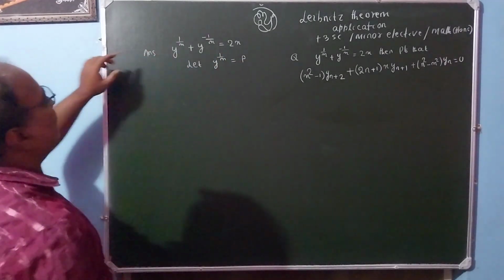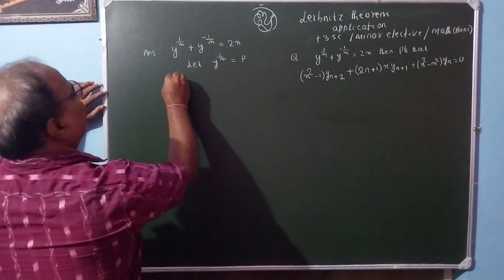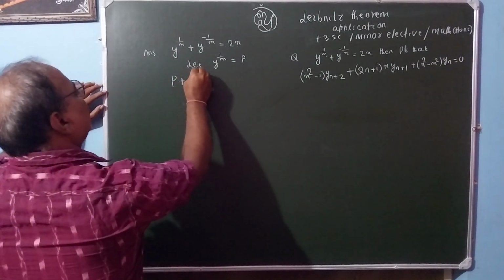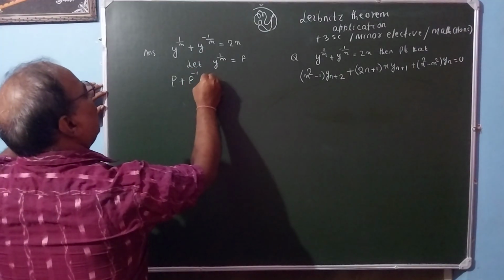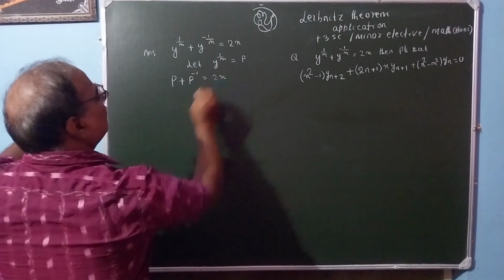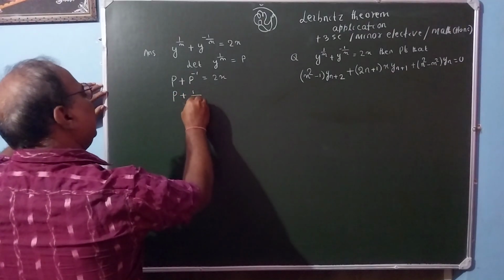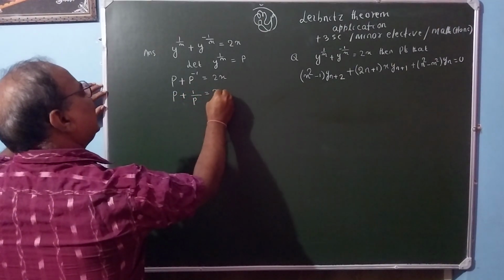When it is p, this can be written as p plus p to the power minus 1 is equal to 2x. So here it is p plus 1 by p is equal to 2x.